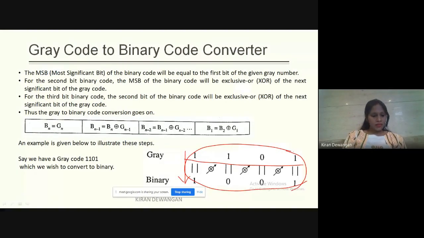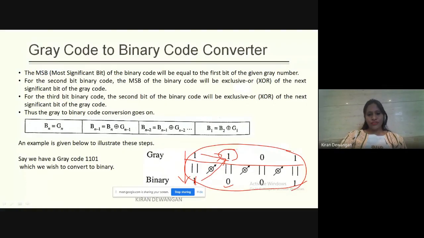Now the next step: the binary bit that we have obtained gets XORed with the next significant gray bit. So 1 XOR 1 is 0.